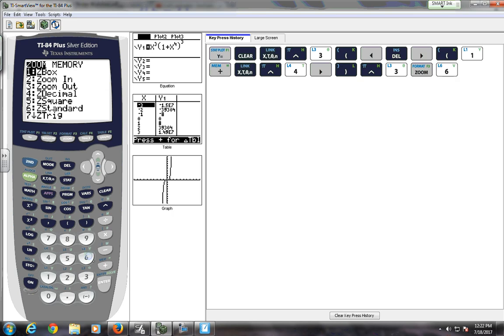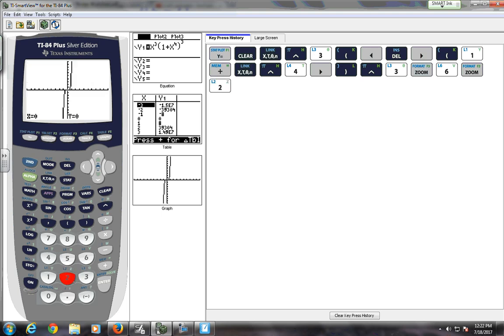Let's look at it in the standard viewing window, zoom 6. And if you want to zoom in a little bit, that might help on this problem so you can see what we're calculating. So I'm going to do zoom number 2, zoom in. I'm going to press enter, and I'll be able to see a little more detail of the curve.